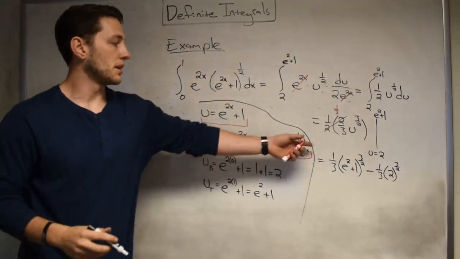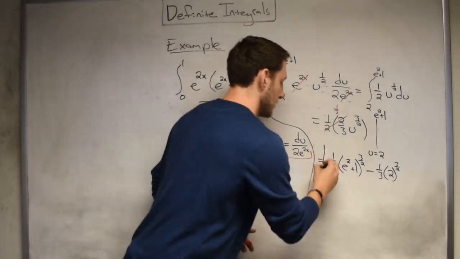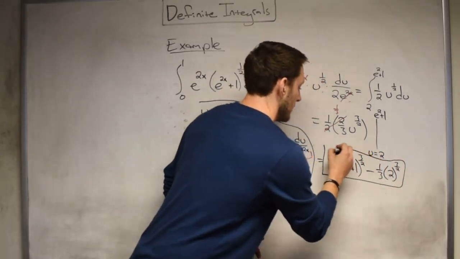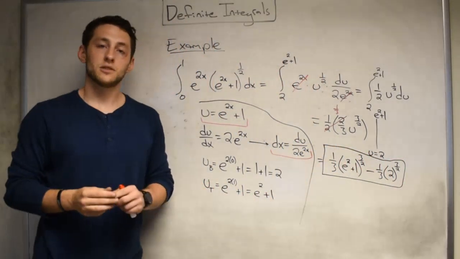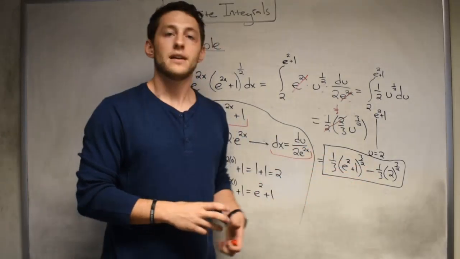So I plugged in 2 for u. This guy doesn't really simplify down too much since we just have 3/2 powers, so that will go ahead and be our answer.